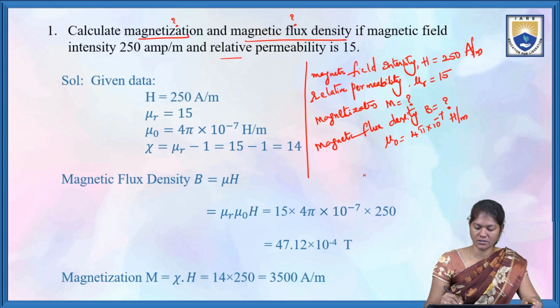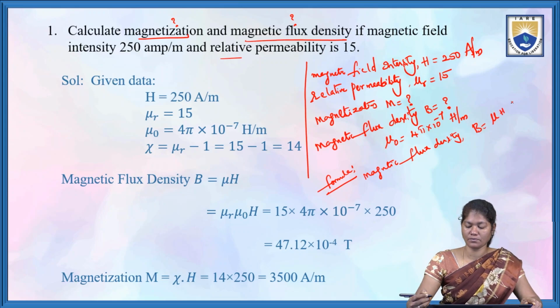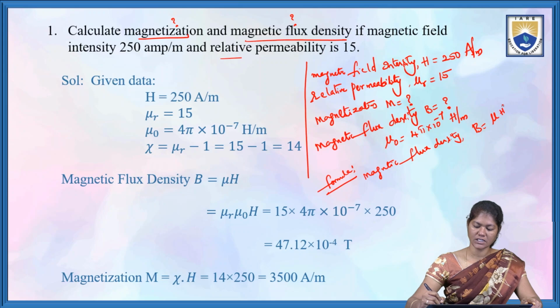First we should calculate the magnetic flux density. The formula is B is equal to mu H, where H is the magnetic field intensity, mu is the permeability, and B is the magnetic flux density.